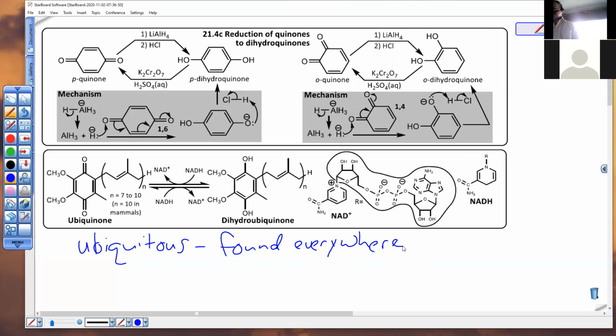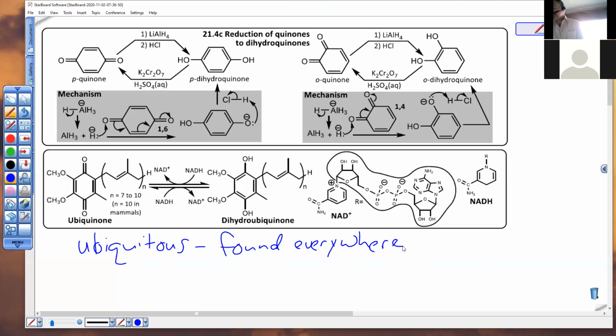And quite simply, it's a very well-named molecule. By everywhere, we mean if you're a living organism, any living organism, you use ubiquinone on a daily basis. Yes, every living organism. So it is found in every living organism.